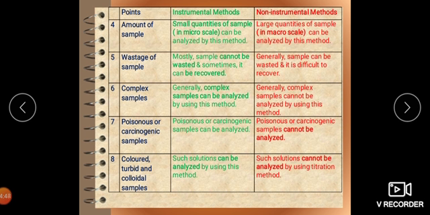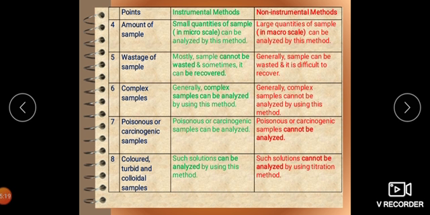Number 6, complex samples. Generally complex samples can be analyzed by using instrumental methods, but in case of non-instrumental methods complex samples cannot be analyzed by using this method. Poisonous or carcinogenic samples can be analyzed only by instrumental methods, not by non-instrumental methods.